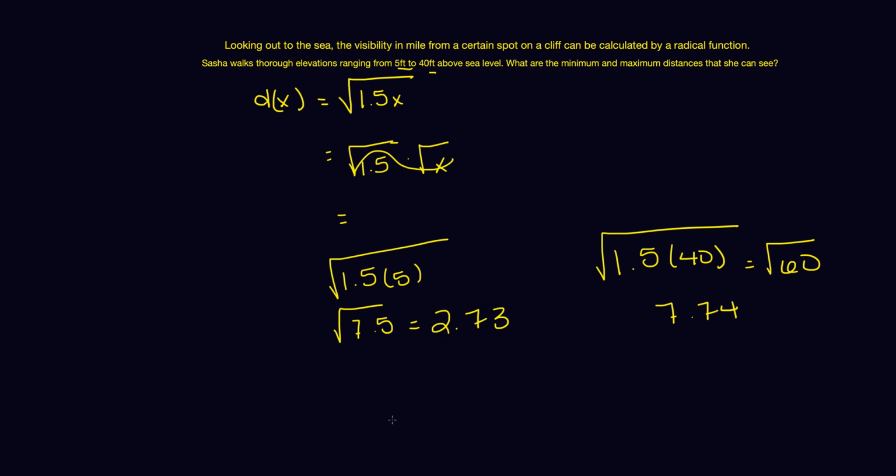Now here's the thing. What I remember from radicals is they always have this type of shape, even if they have an odd index. That means looking at this radical, my value here of 2.73 and my end value at 40 feet of 7.74 will be my minimum and my maximum.